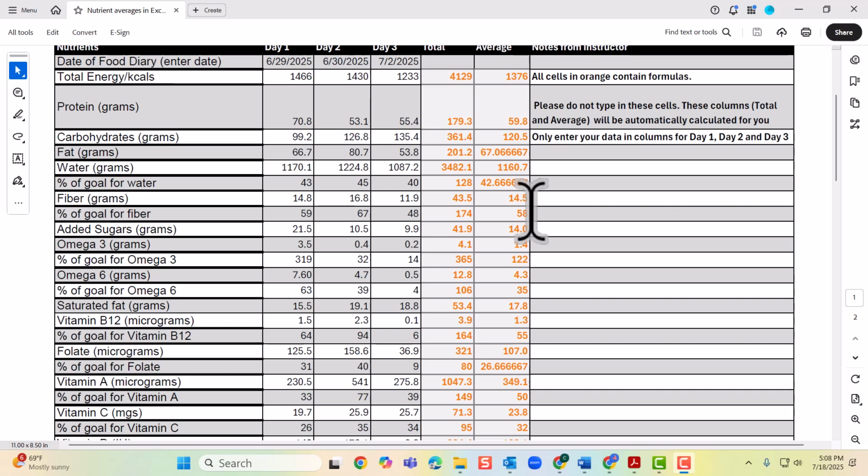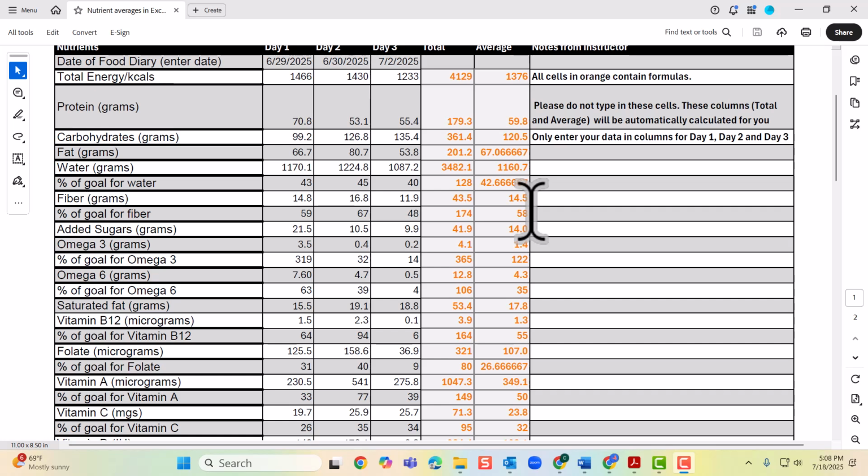That's the goal. We get concerned when it's too low over a long period of time, which can lead to deficiency diseases. But we also get concerned if it's too high. When you're analyzing your diet, I'm asking you what the average is in grams or milligrams or micrograms, but I also want you to look at that percentage because that gives you a better idea.